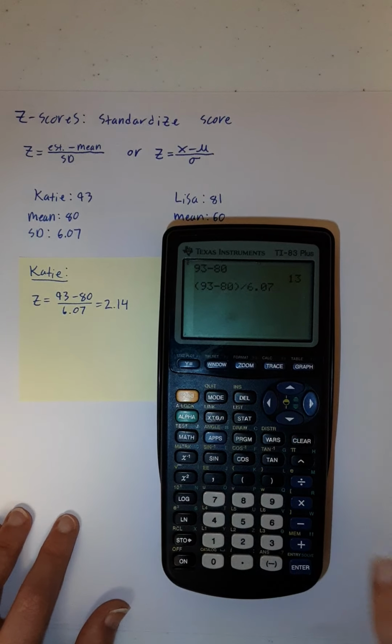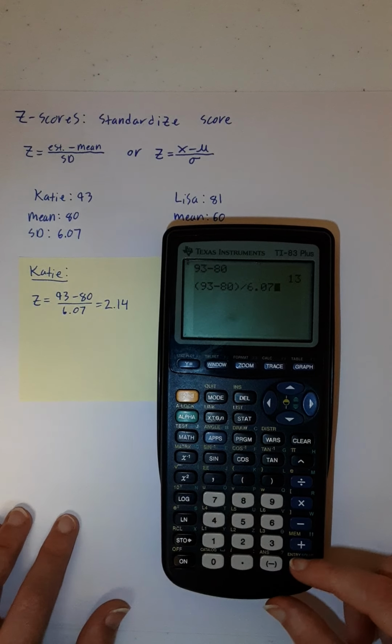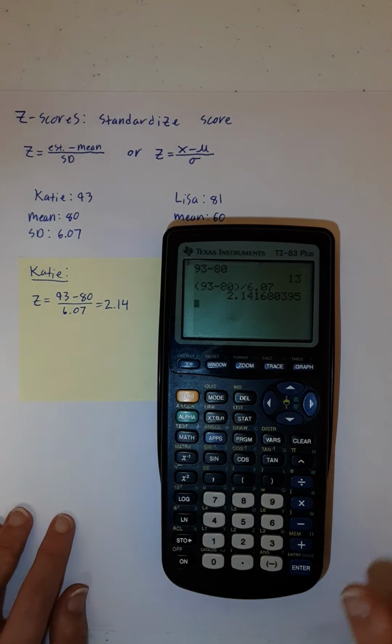If you do it all together and leave out the parentheses, the calculator will think you're just wanting to divide 80 by 6.07, and you'll get a wrong answer. So careful about that.